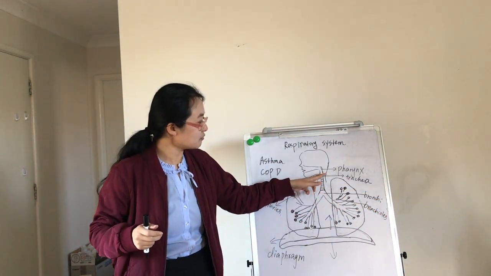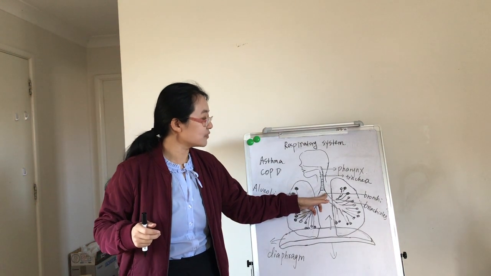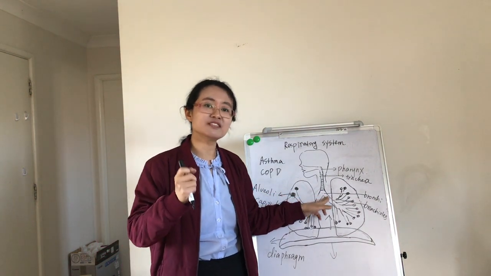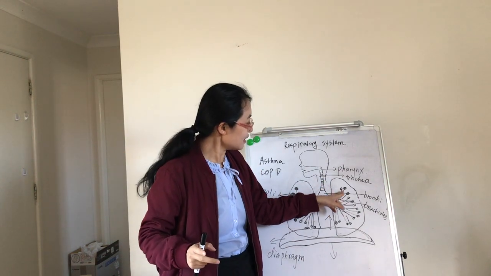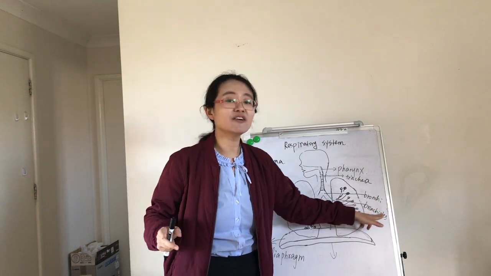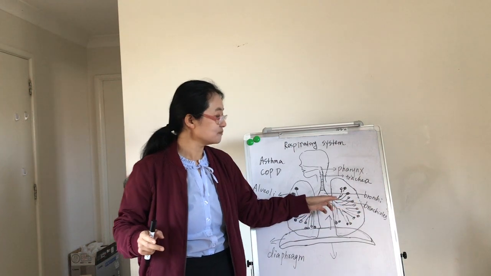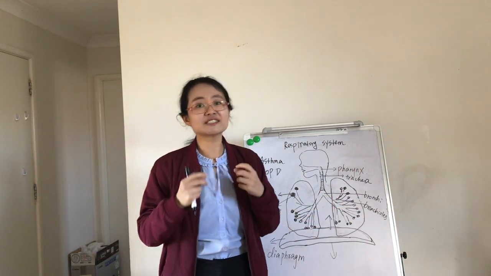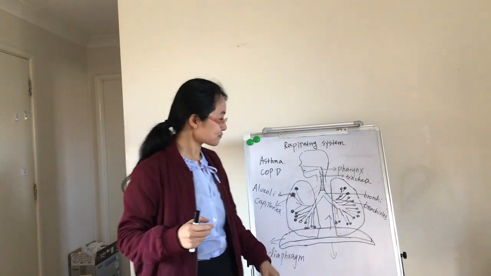So the air will travel from the trachea into the bronchi, and then the big branches will be further divided into smaller branches, which are called the bronchioles. Bronchioles are much thinner and smaller than the bronchi.